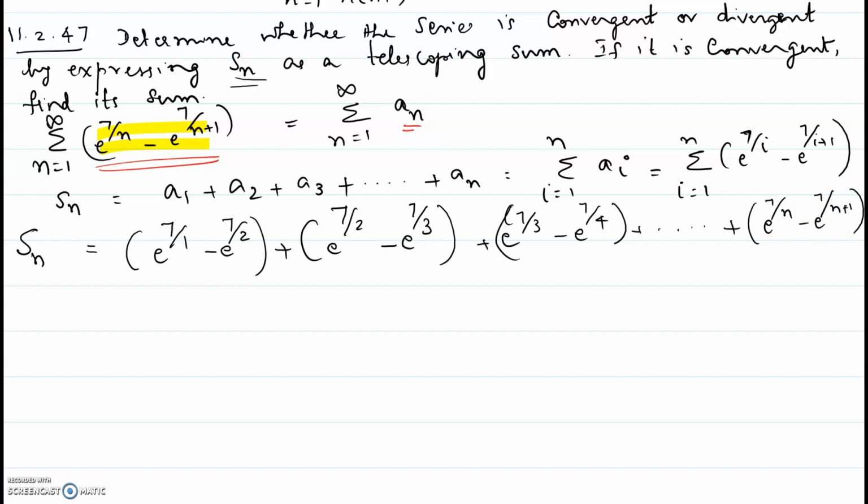If you notice here, all the in-between terms cancel: e to the 7 over 2 with the negative sign and e to the 7 over 2 with the positive sign cancel out. Then e to the 7 over 3 with the negative sign cancels with the positive e to the 7 over 3. In the same way, e to the 7 over 4 gets cancelled with the next term, e to the 7 over 4.